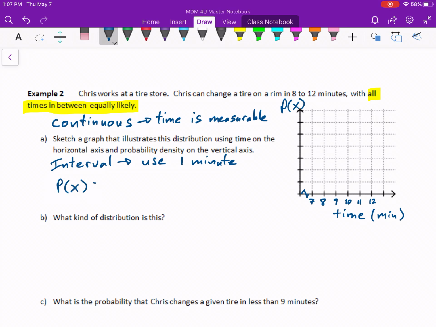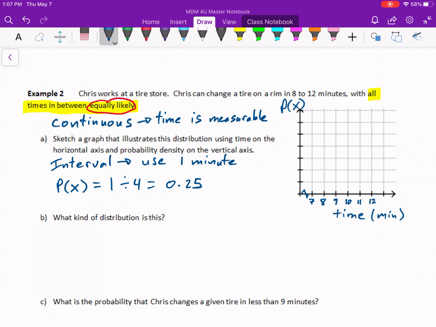So there's a 25% probability that it'll take him somewhere between 8 and 9 minutes, 25% between 9 and 10, 25% for 10 to 11, another 25% for 11 to 12. That covers all possibilities. So there you have it. That means that this is a uniform probability distribution.